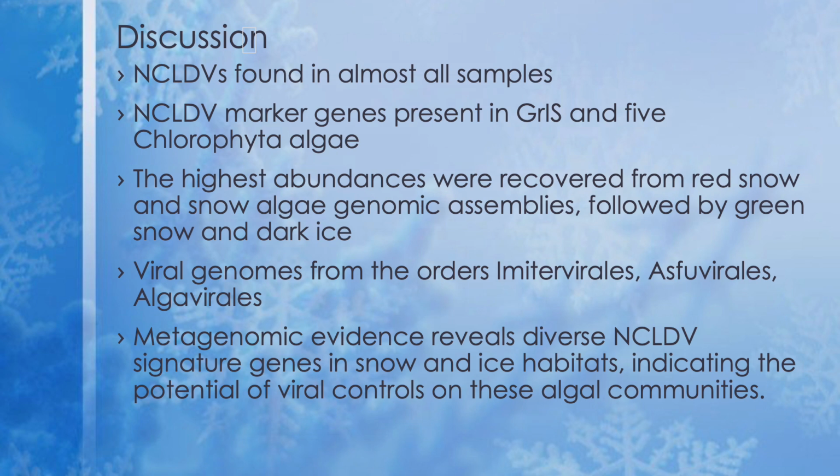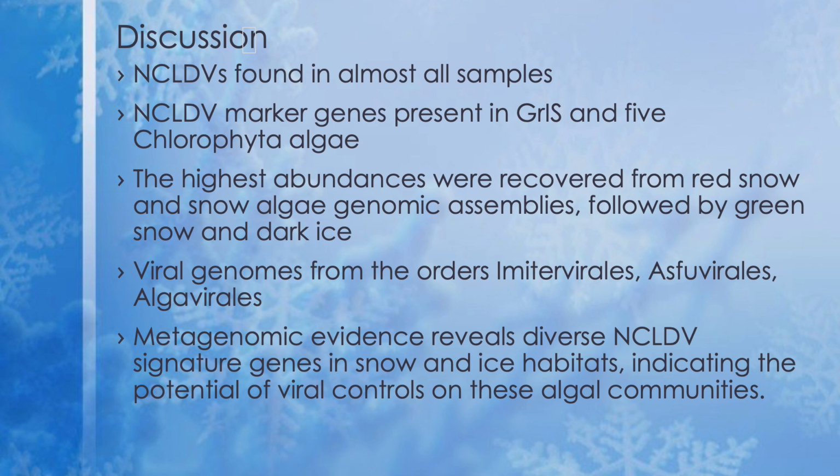So this paper did demonstrate that NCLDVs were present in almost all of the samples, and they were also present in all Greenland ice sheet habitats sampled. The highest abundances were recovered from red snow and snow algae genomic assemblies, followed by green snow and dark ice.